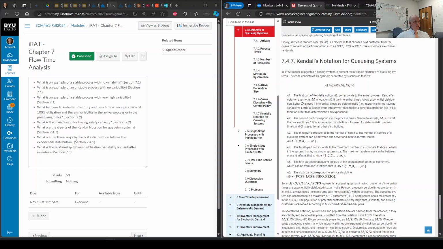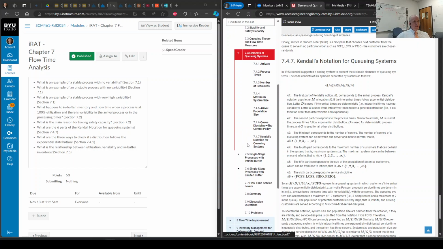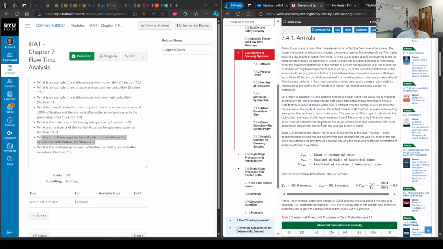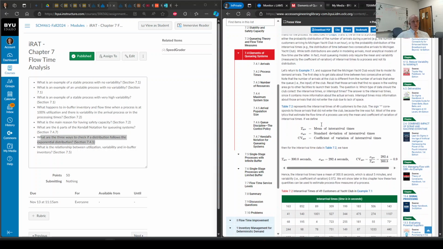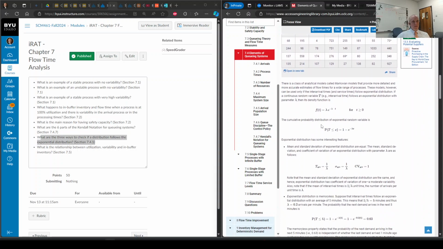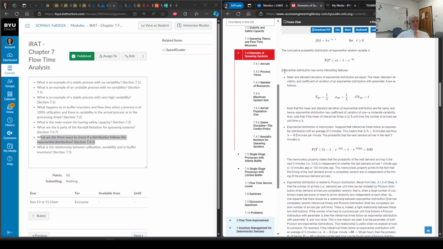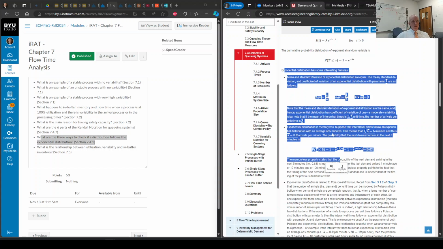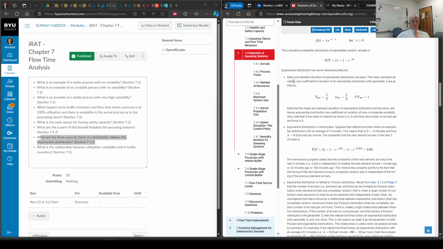What are the 3 ways to check if a distribution follows the exponential distribution? This is in section 7.4.1. We've talked a little bit about the exponential distribution from chapter 3, forecasting. Specifically, here is the section on exponential distribution. Here are some brief bullets on interesting features. Here's the lambda. Here's the coefficient of variation of 1 for the inter-arrival times.